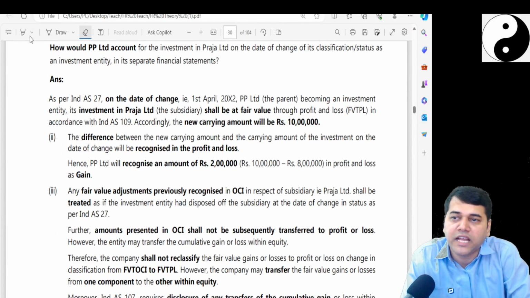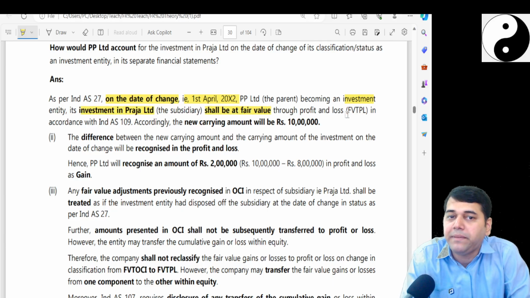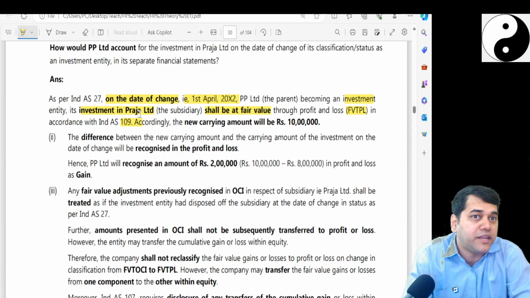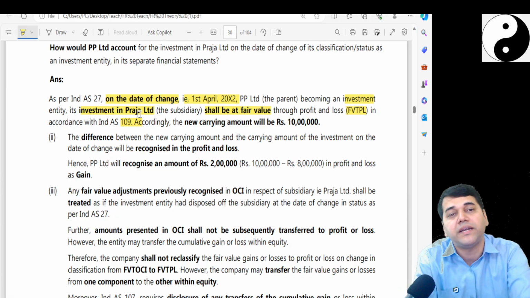Now it says that as per Ind AS 27, on the date of change, that is 1st April, the parent becoming an investment entity, its investment in Praja shall be at FVTPL in accordance with 109.